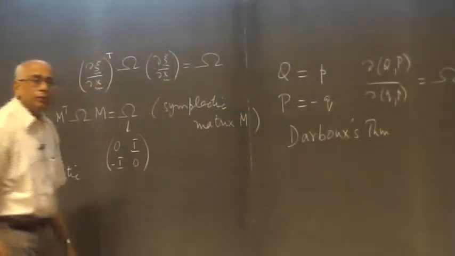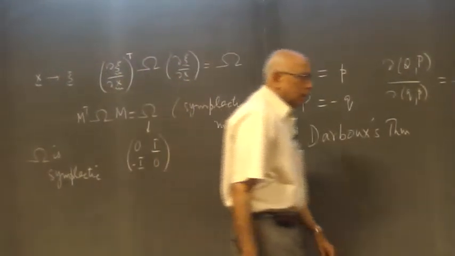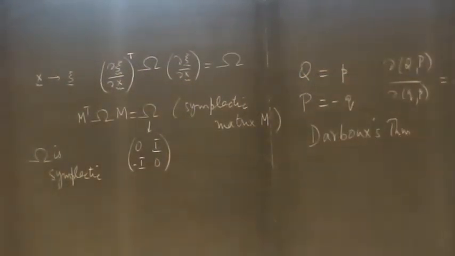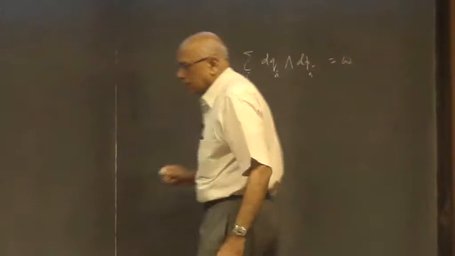So what is the statement of Darboux theorem again? Darboux theorem says that locally in phase space, you can always find a canonical transformation, a change of variables, such that this fundamental symplectic form is of the form summation over i of dqi wedge product dpi. Let's call that some differential form omega.